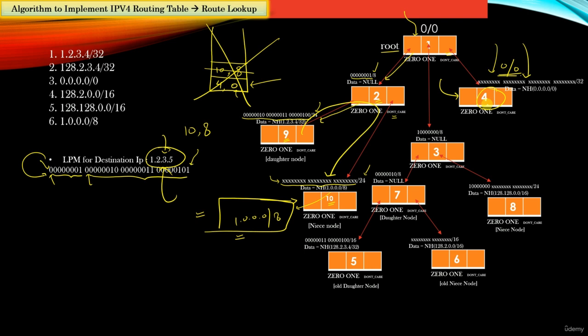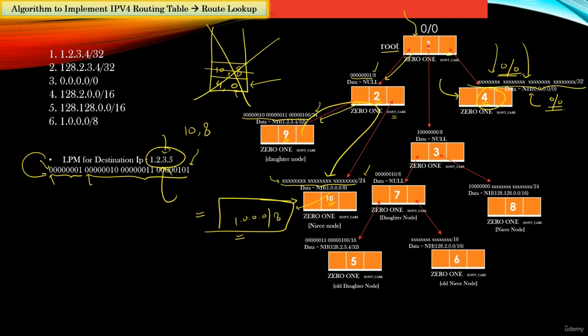And when you shift your search to node number 4, the effective prefix of the node number 4 is all don't care. So it means that whatever your IP address is, it will certainly match with this route, which is 0/0. We actually call this route by a special name called default route.